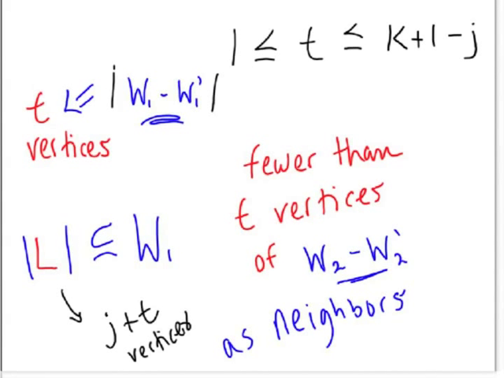Then the set of J plus T vertices of W sub 1, consisting of these T vertices together with the J vertices we removed from W sub 1, has fewer than J plus T neighbors in W sub 2. That just naturally follows because we just said that this subset of K of its vertex set has fewer than T vertices of its W sub 2 minus W sub 2 prime. So that just naturally follows. And so we would then have J plus T neighbors in W sub 2.